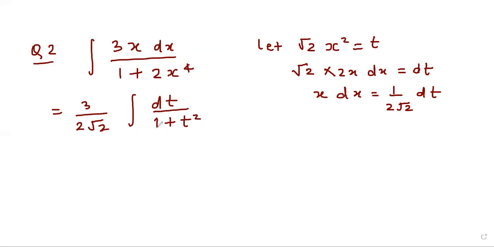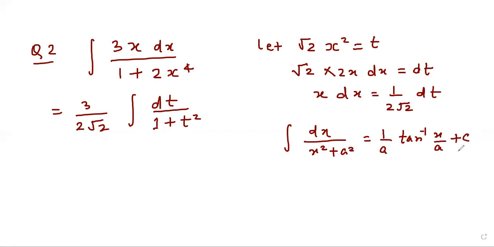This is of the form x square plus a square, or a square plus x square, where a equal to 1. So the same formula is valid as I told you, that integration dx upon x square plus a square equal to 1 upon a tan inverse x upon a plus c.